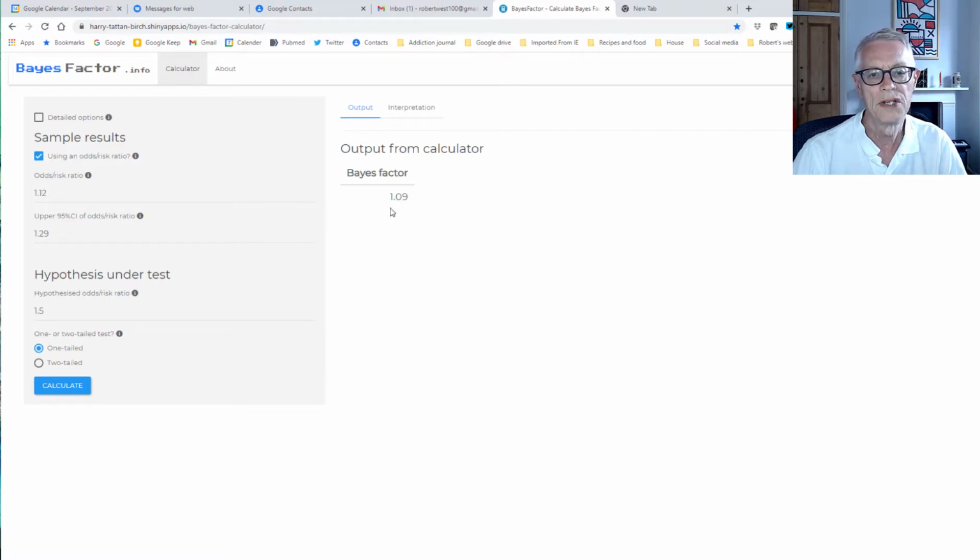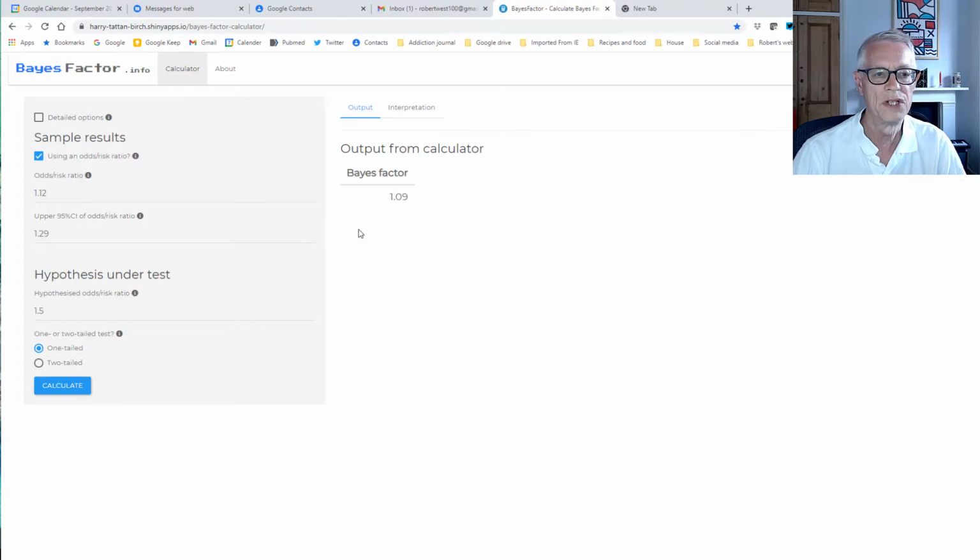So what that means is that, if anything, the data very, very marginally point to the hypothesis under test being more likely than the null hypothesis.